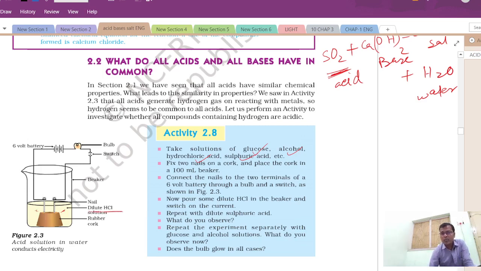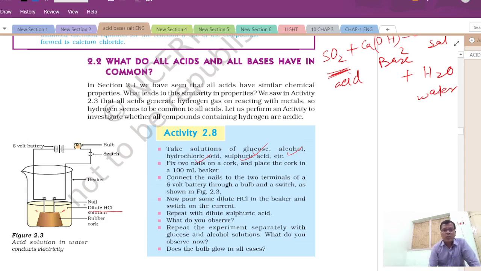You will learn that we have to add water into the acid, because without water acid cannot liberate H plus ion, and without H plus ion it will not exhibit its acidic character. That means water is very important for an acid to behave as an acid.